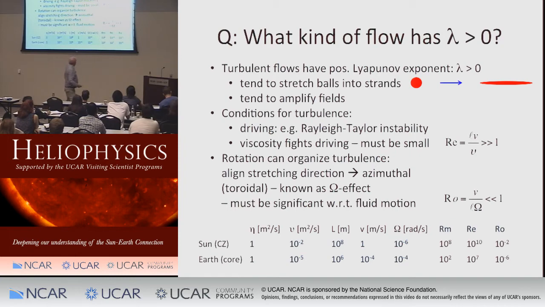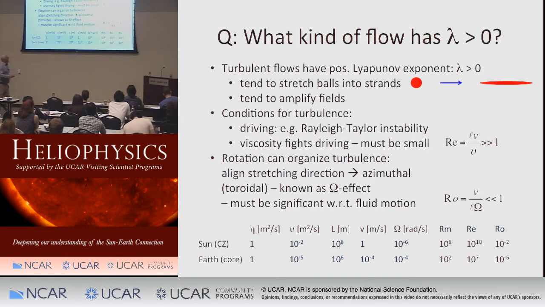This guy's going to be a great dynamo. Is this flow actually turbulent? Well, I can look at the viscosity. Sorry, the velocity is 1 meter per second. The viscosity. We get a Reynolds number of 10 to the 10. So the convection zone, as the name implies, is full of turbulent fluid flow at about 1 meter per second.